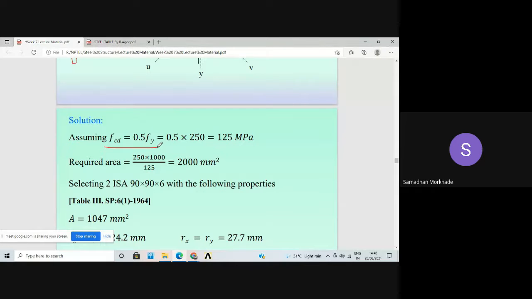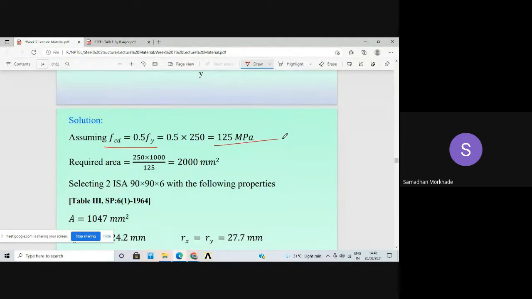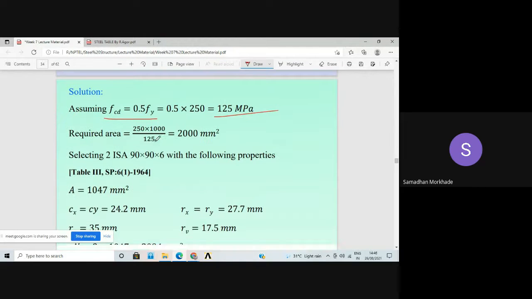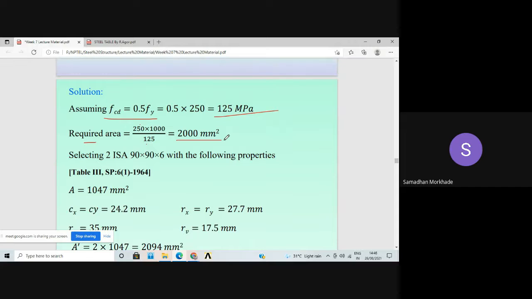FY is 250 MPa, so FCD comes out to be 125 MPa, Newton per mm square. Now required area, PD is equal to AE into FCD, therefore AE is equal to P divided by FCD. P is 250 kilonewton into 10 to the power 3 Newton divided by 125. So 2000 mm square is the required area.